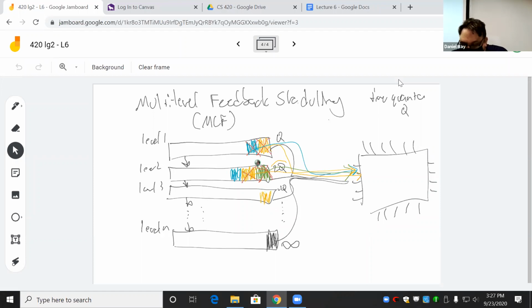The feedback about how long they're going to take to run keeps telling us more about how long we should be adding to their quanta as they get lower and lower priority. So this is an attempt to balance the need to process high priority things more often, but things that need more processing get more processing time between being on the processor.